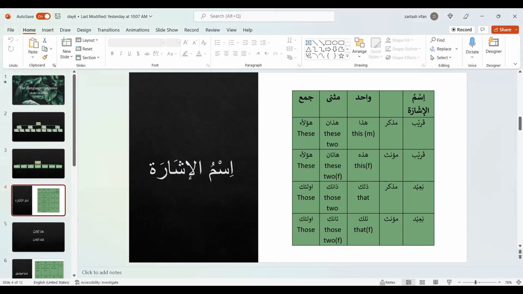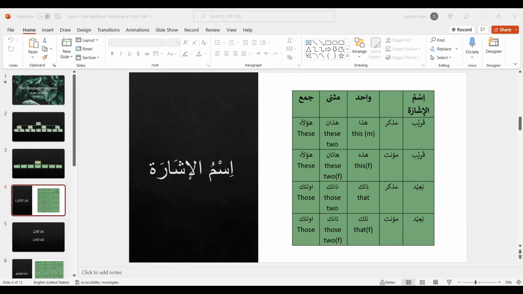There are words for the objects which are close to us and for the objects which are away from us. Kareeb means the close, and this is the chart for those objects which are close to us, and Ba'id is those objects which are away from us.